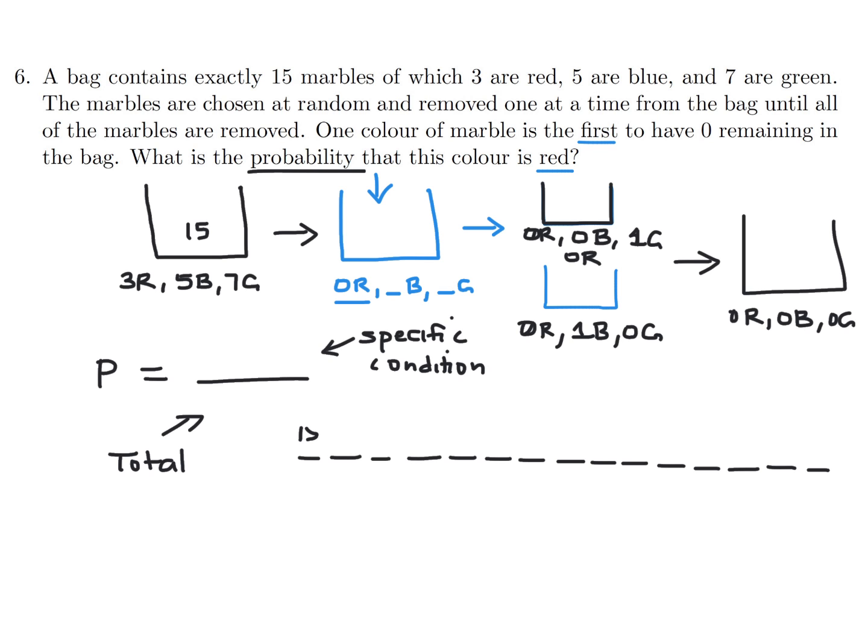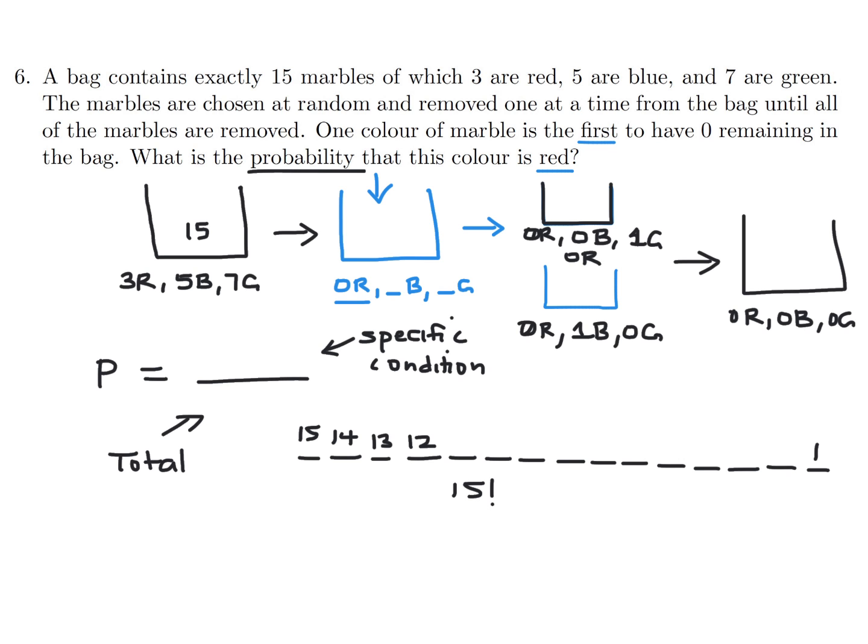For the first marble, you have 15 choices. For the second marble, you have 14 choices, and so on, all the way down to 1. So 15 factorial is the total number of orders in which they can be removed. But this 15 factorial has a lot of duplicates.